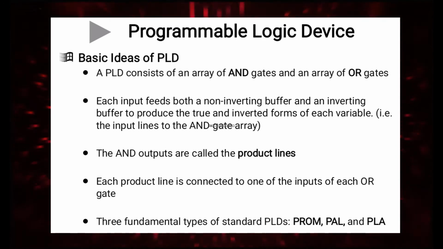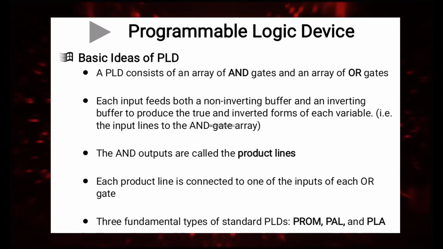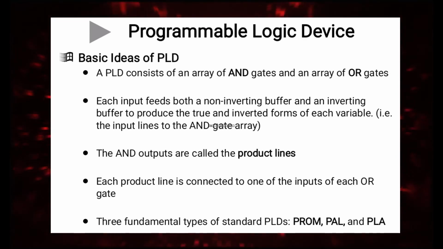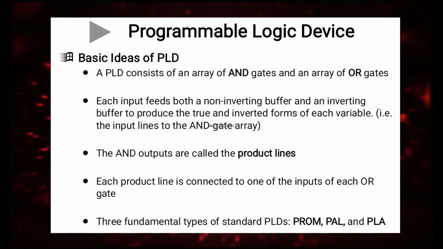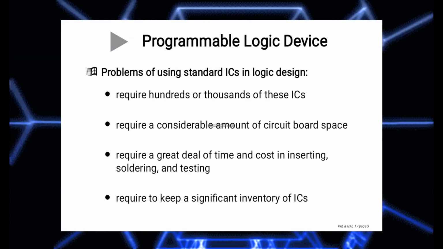Refer to that. The AND inputs are called product lines. Each product line connects to one of the inputs of each OR gate. There are three fundamental types of standard PLDs: PROM, PAL and PLA.